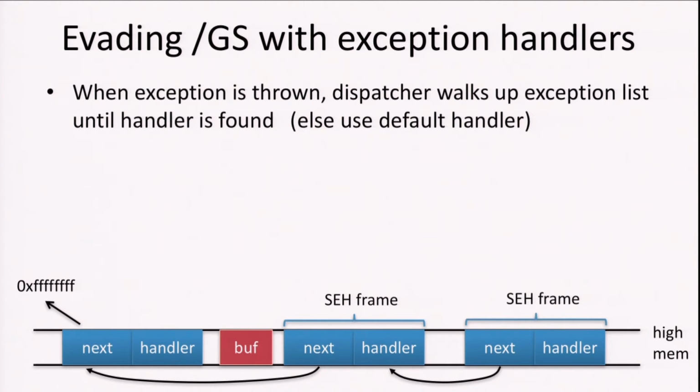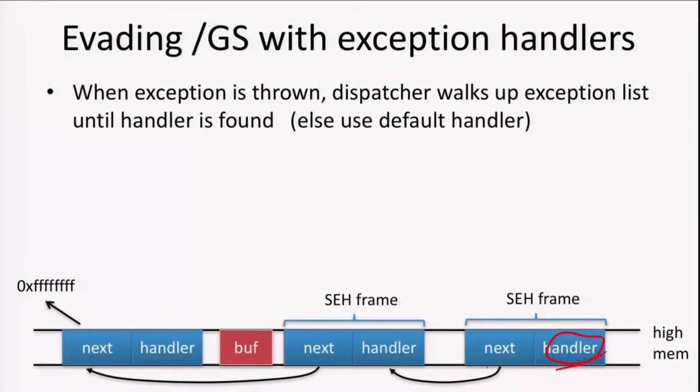If it doesn't match, then it checks with the next one, and so on, and eventually it goes to a default handler. Each exception record has the address of a handler, and a next pointer which points to the next exception that must be checked if it doesn't match with this one.